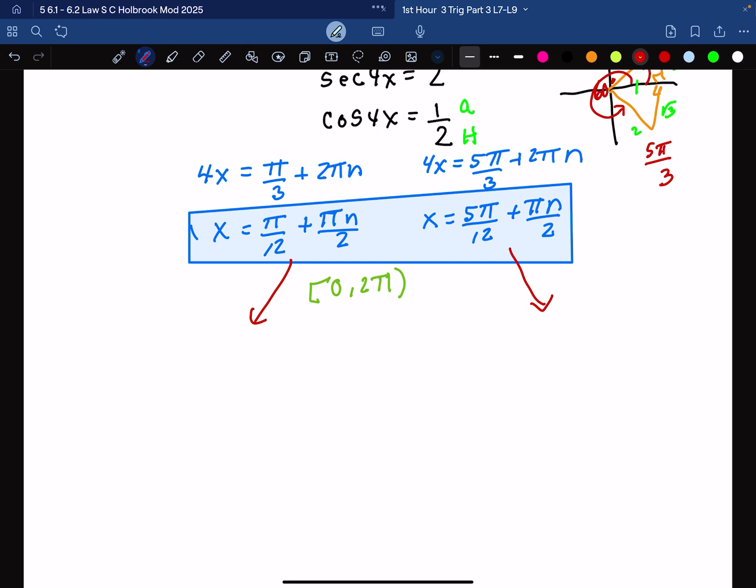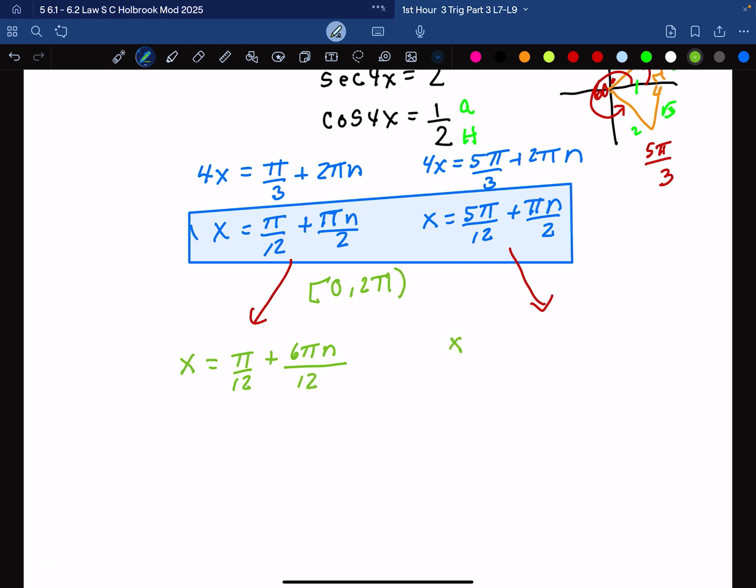I want a denominator of 12, so I'm going to multiply the top and the bottom by 6 for the second fraction. I get pi over 12 plus, when I multiply the top by 6, 6 pi times n, all divided by 12.